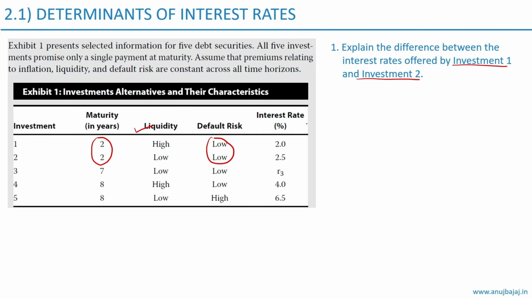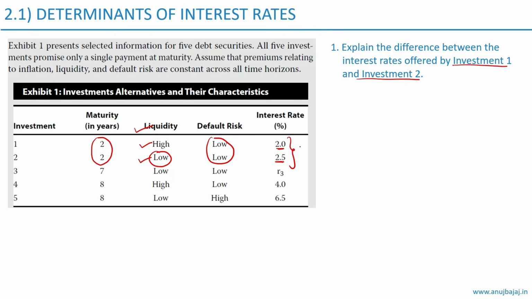So as we have seen earlier, an investment having low liquidity should also provide you with a high interest rate. So this is the case over here. Investment 1 having high liquidity provides you an interest rate of 2%. Investment 2 having low liquidity provides you with an interest rate of 2.5%.